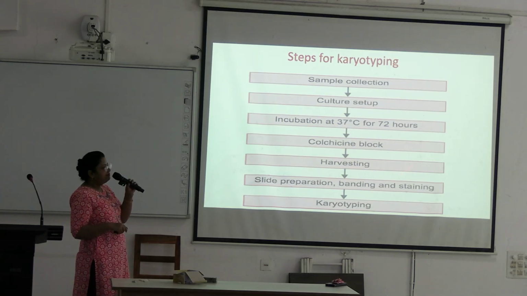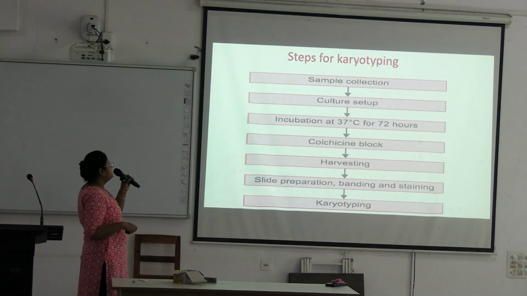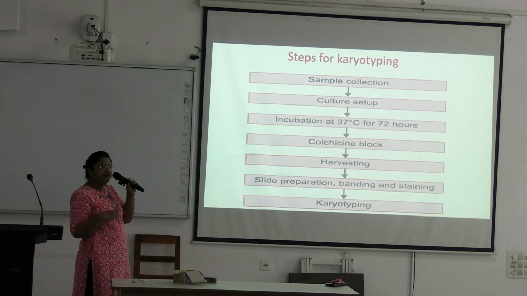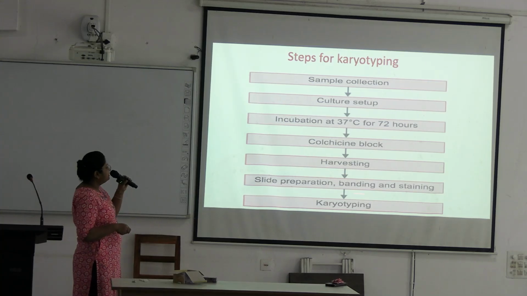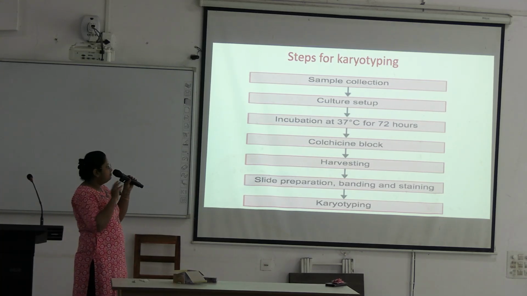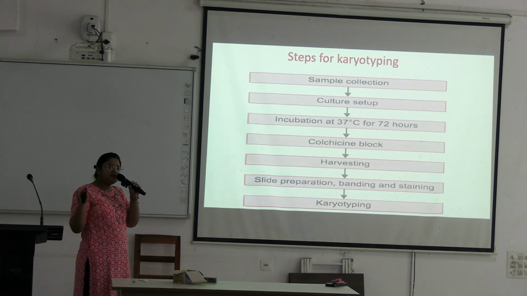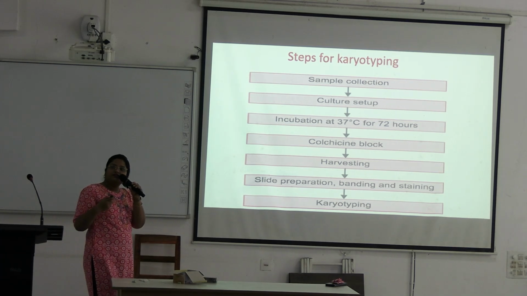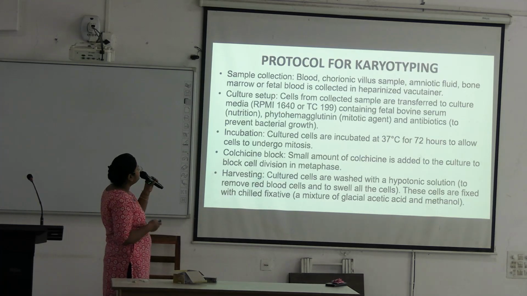Then we have to harvest the chromosomes. Then slide preparation, banding and staining of the chromosomes, and then pictures are taken from the slides, and these pictures are arranged specifically for the karyotyping. So these are the steps of karyotyping.